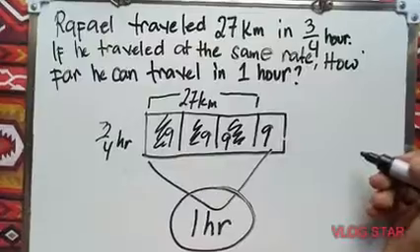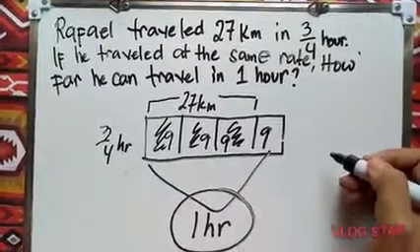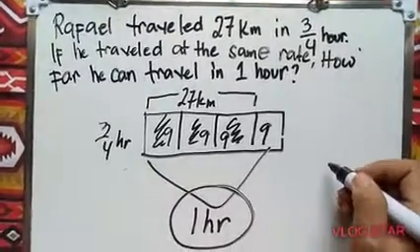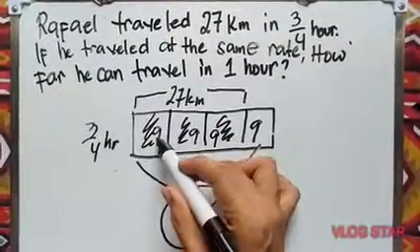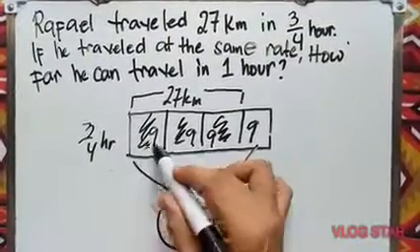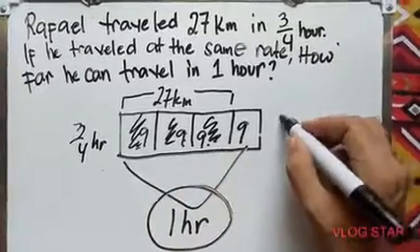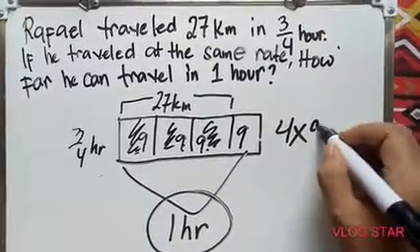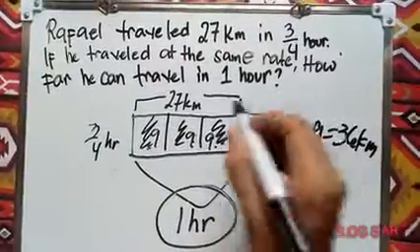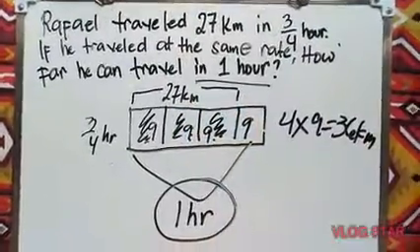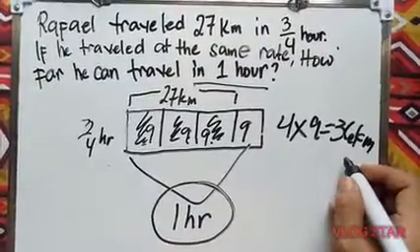So in whole hour, or in 1 hour, he can travel 9, 18, 27, 36, or 4 times 9. So in 1 hour, he can travel 36 kilometer.